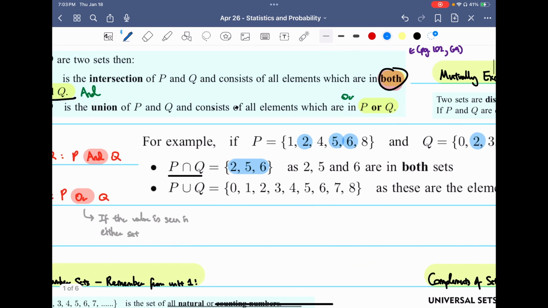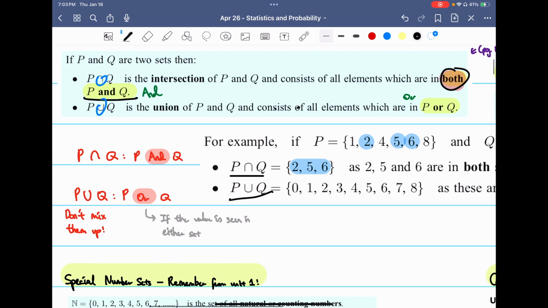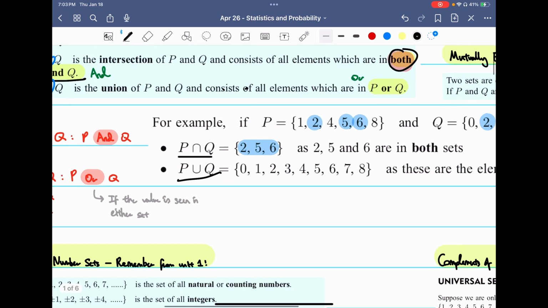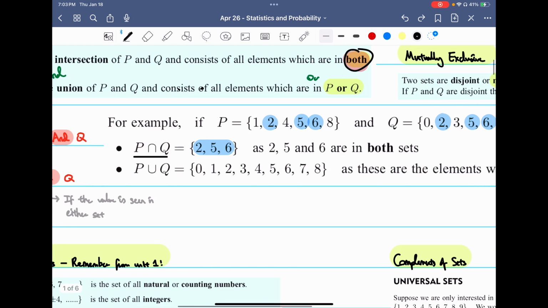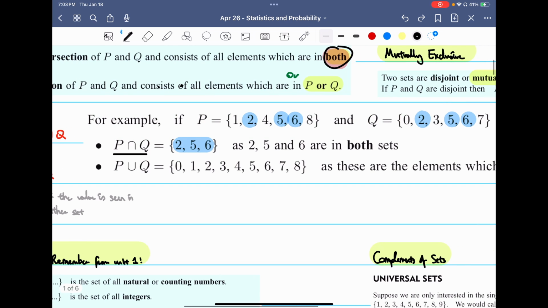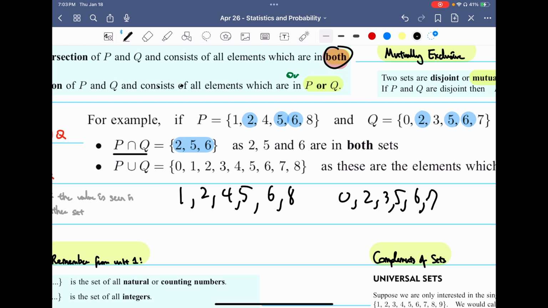However, P union Q is like a universal set. P union Q is just all the elements within the two sets. So it would be all the numbers listed from here. So all the numbers from P of 1, 2, 4, 5, 6, 8, and 0, 2, 3, 5, 6, 8, 6, 7.